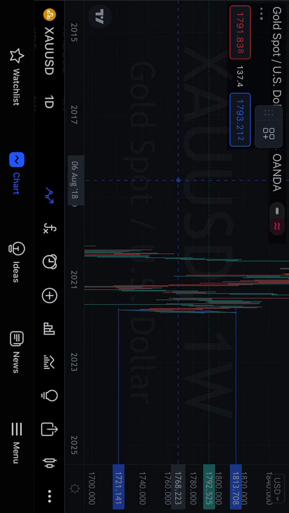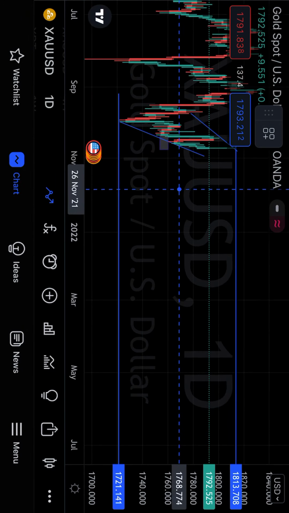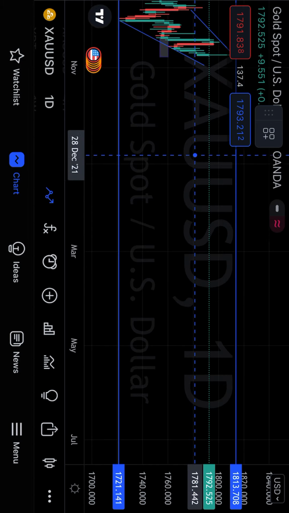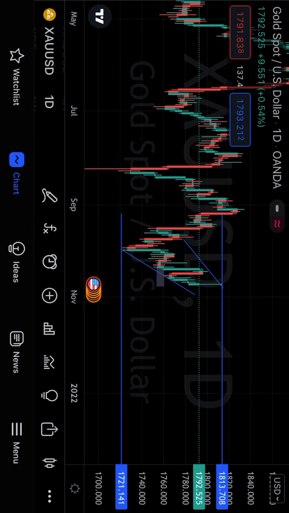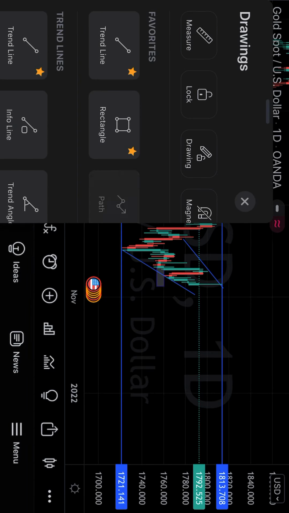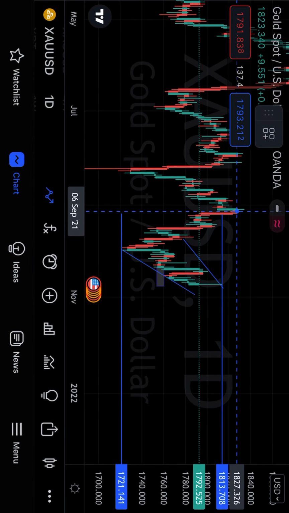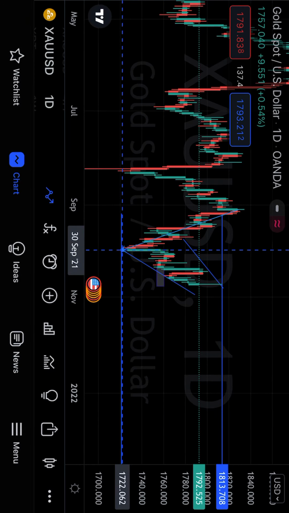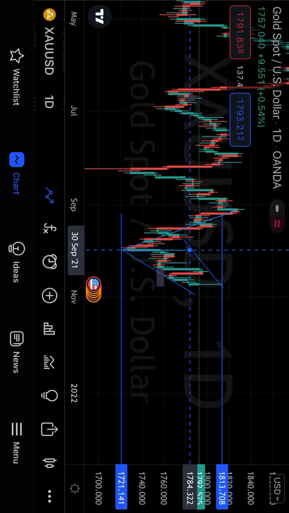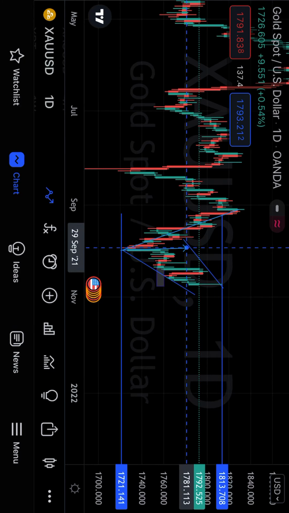So look, on the daily, there has been this impulsive move from here to the downside, and then a corrective move, right?